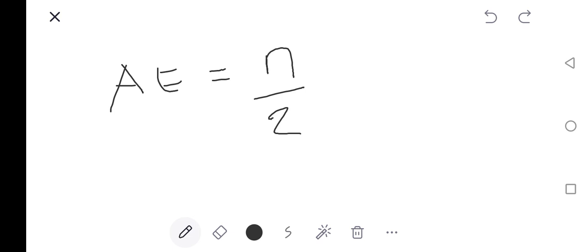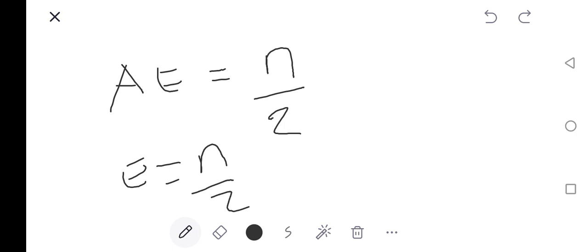There are times when you are only given one number, one value in the question. You say absolute error is equals to n over 2. So when you're only given one value in the question, you say absolute error or just error is equals to n over 2.